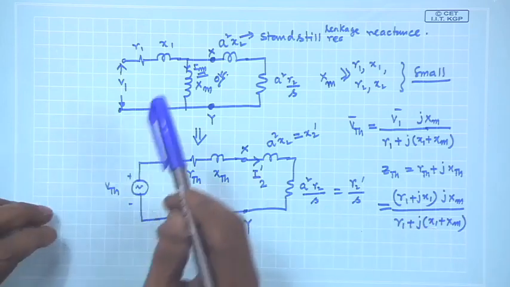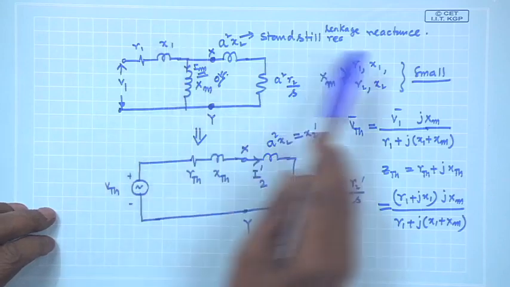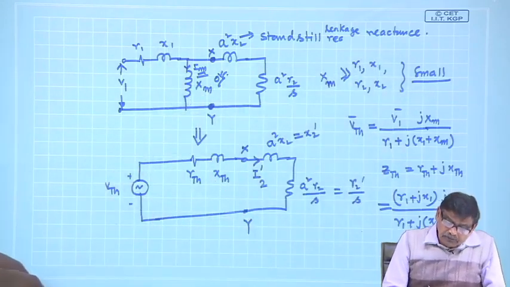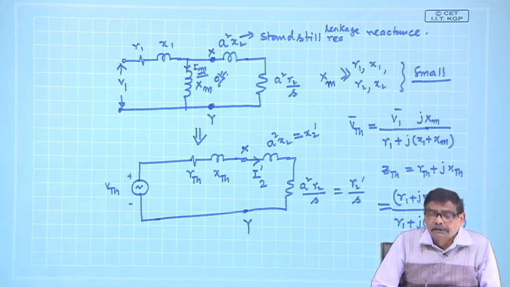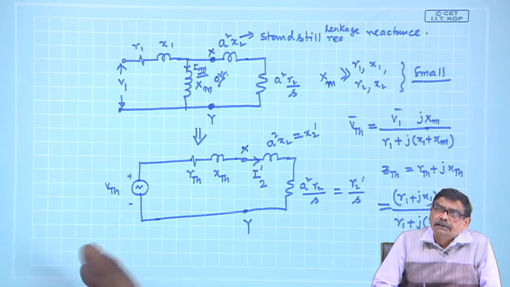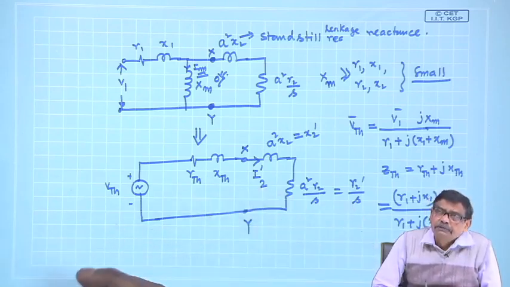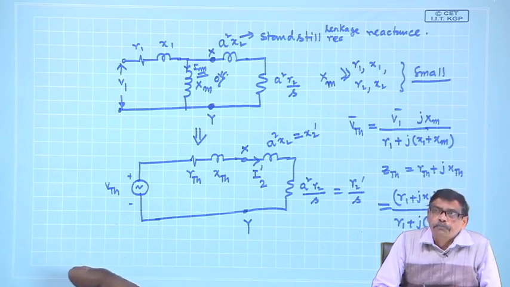But mind you, as I told you, R1, X1 is smaller compared to XM. So, whenever you connect a low impedance in parallel with a higher impedance, the equivalent impedance will be of the order of the low impedance only.